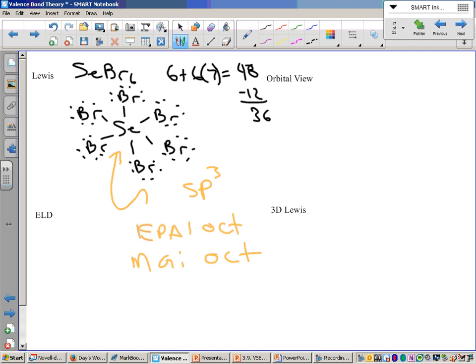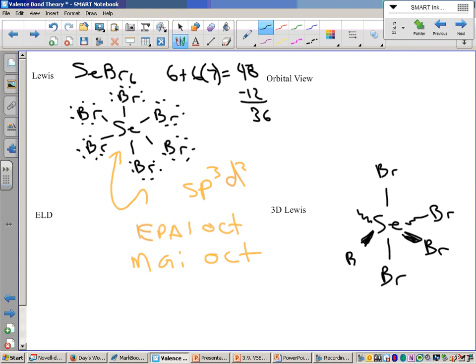And this is sp3d2. And three-dimensionally, we've got up, down, out front, in behind, out front, in behind, all full of bromines. And yes, because it is a Lewis diagram.